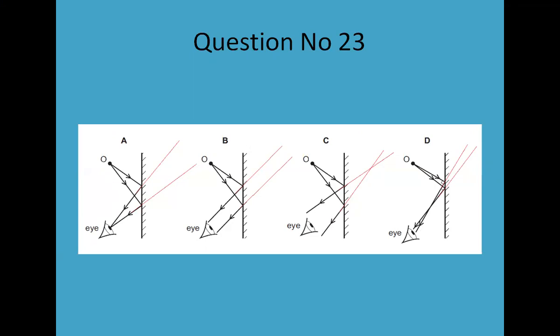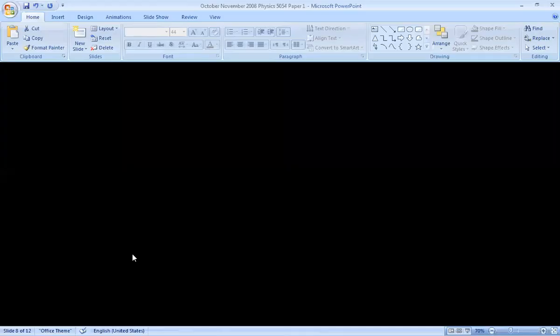In option C, when you prolong the reflected rays behind the mirror, you see they intersect each other. So in C, actually the image will be formed. And in D again, you can see the red lines. I have prolonged the reflected rays behind the mirror, and you can see that there's no image formed. So I think C is the right option.